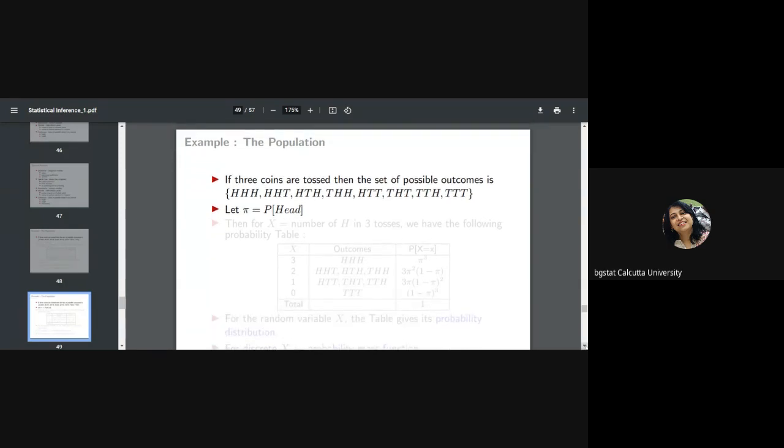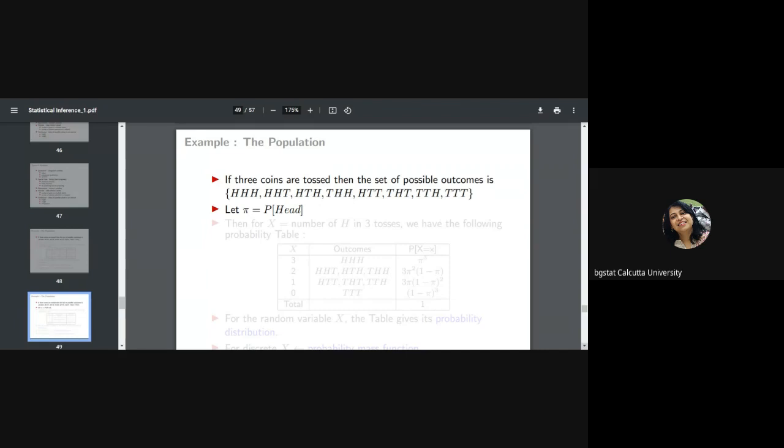The next thing I need to do is to define my parameter. So let me define my parameter as a probability, and let me assume that this probability is pi. I use the Greek symbol pi to denote probability. It is a common practice in statistics to use Greek symbols to denote population parameters.